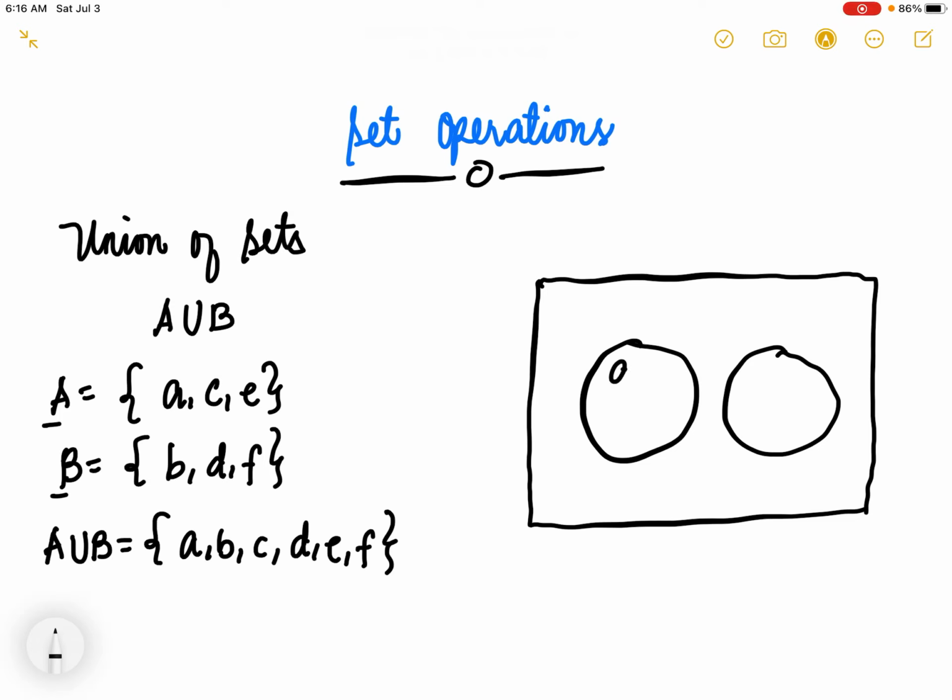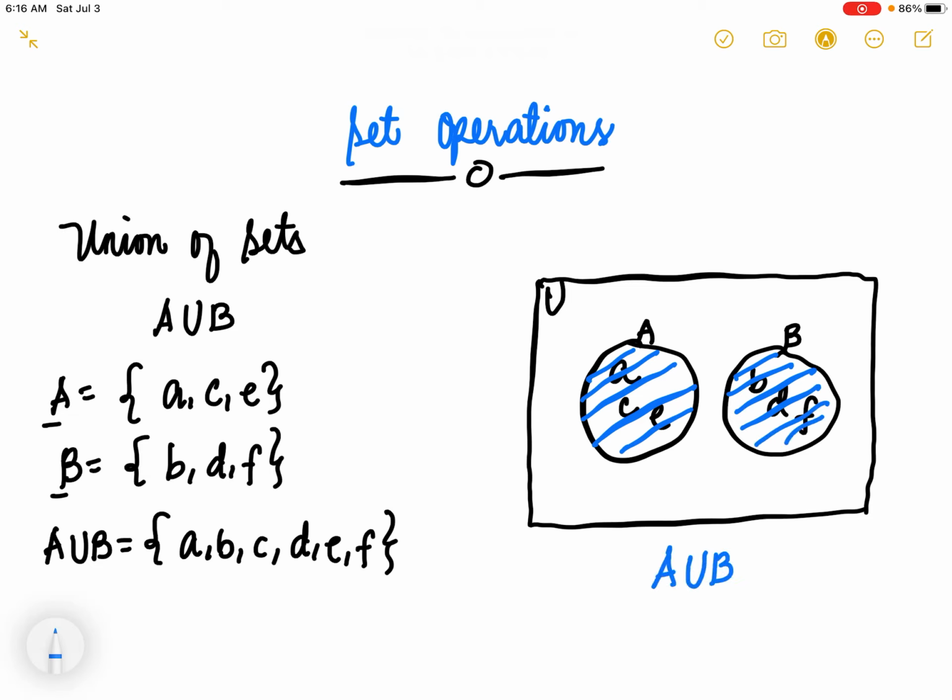We have A, C, E, and B, D, F here. This is our universal set. This is set A and set B. Then our A union B is this one. Just shade this set A here, and this is set B. That is our A union B.